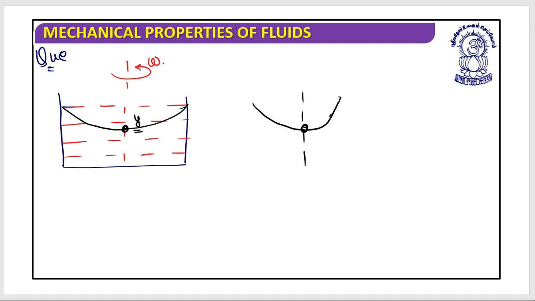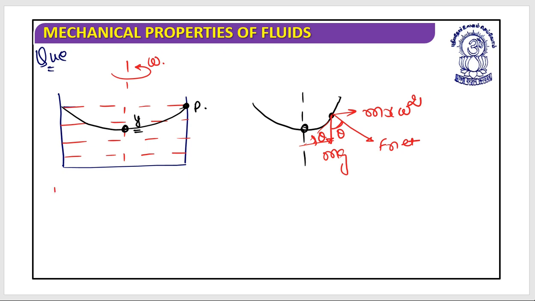If I take this point, let's suppose this is P, then on this point there is a force m into x into omega square. On this point, it's mg. So this is theta, or I should say this is the net force that is acting. Even this would be theta.